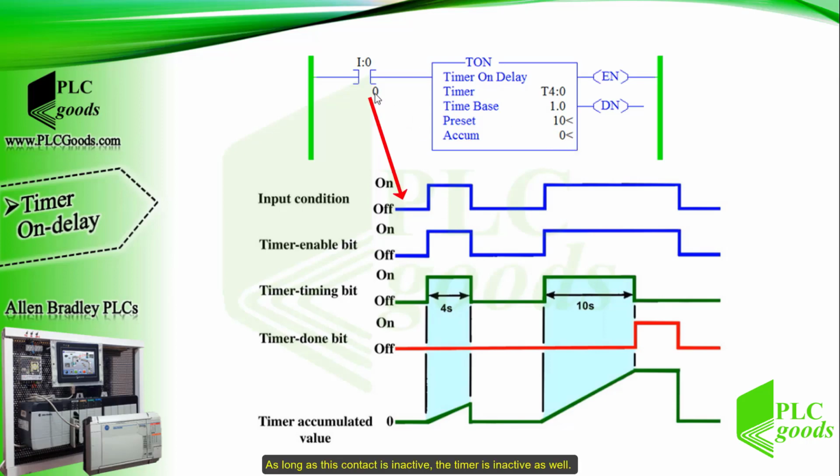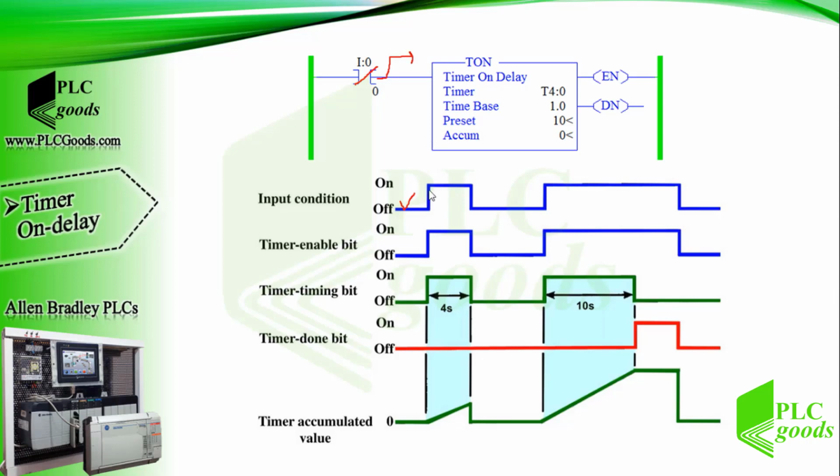As long as this contact is inactive, the timer is inactive as well, and the status bits, enable bit, timer timing bit, and done bit are all false or 0. Now suppose this contact enables the timer. In that case, the enable bit is set to 1.